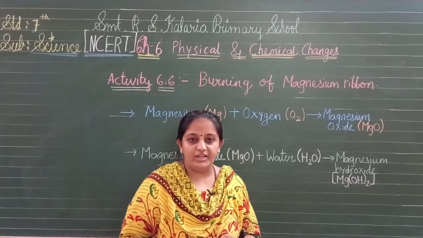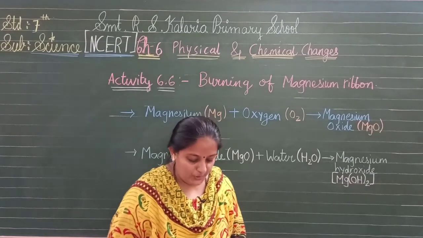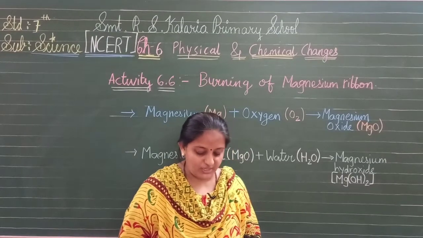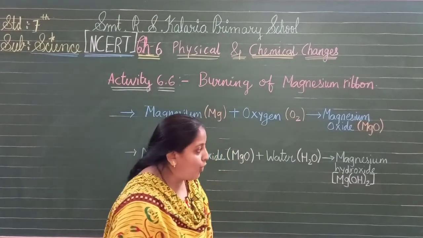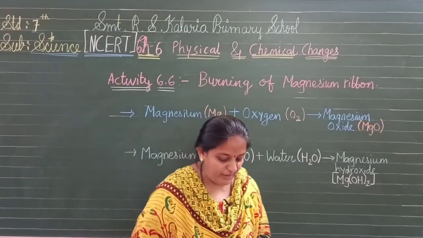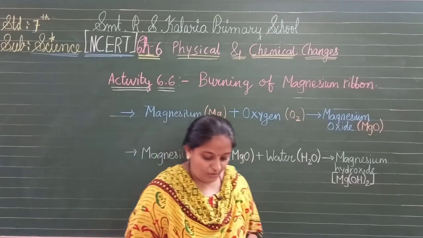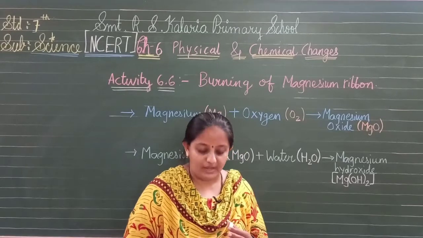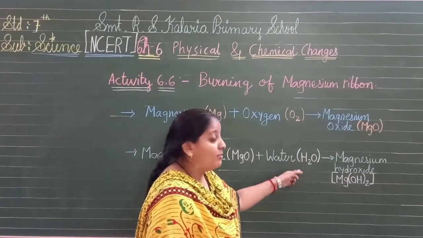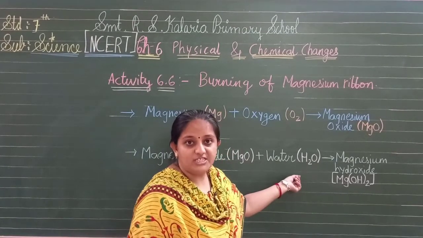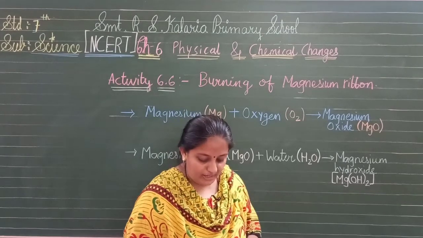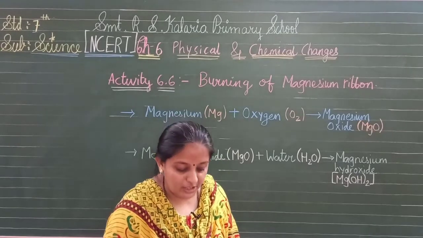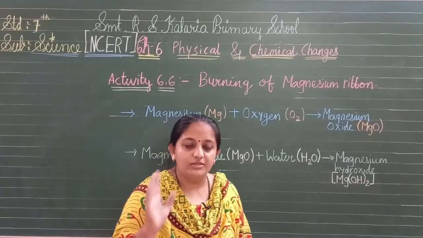Magnesium hydroxide is a base, as you had learned. So magnesium oxide is a new substance formed on burning of the magnesium ribbon. On burning magnesium we got a new product, magnesium oxide. We stirred it in water and tested it with litmus, didn't we? So magnesium hydroxide is another new substance formed by magnesium oxide with water.